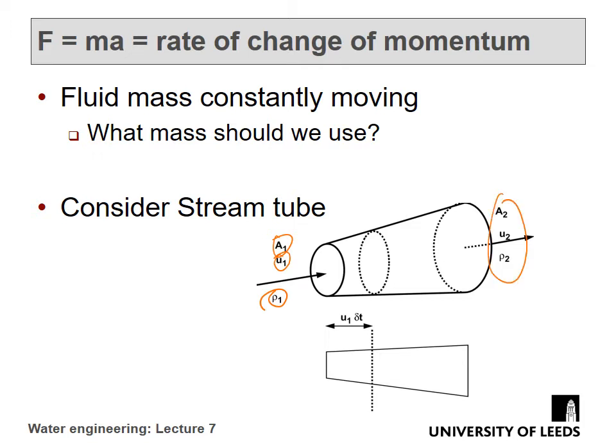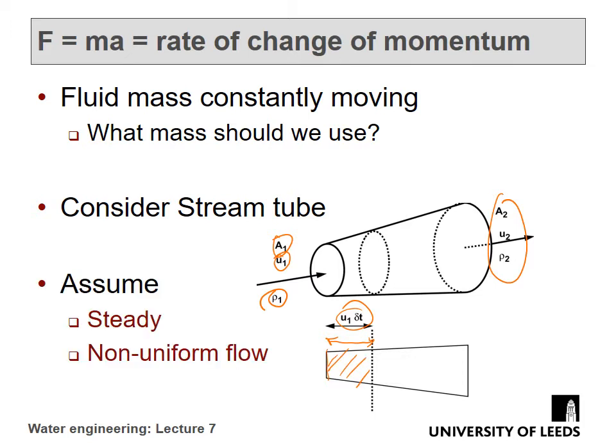If we take a slice through that stream tube, the velocity times time gives us the distance that any flow going in has moved in a time delta t, and we can look at that volume and look at the momentum of that volume, and we can do some analysis.